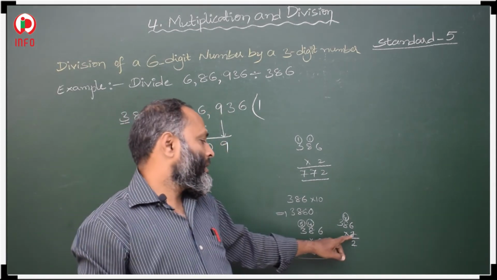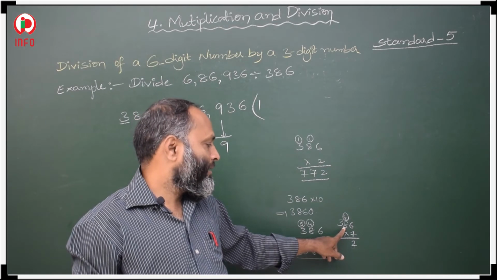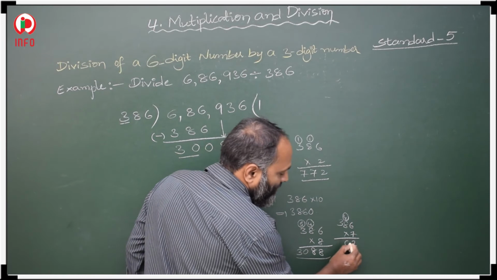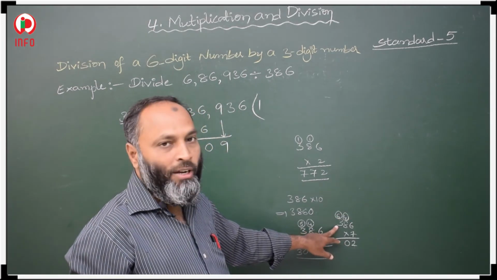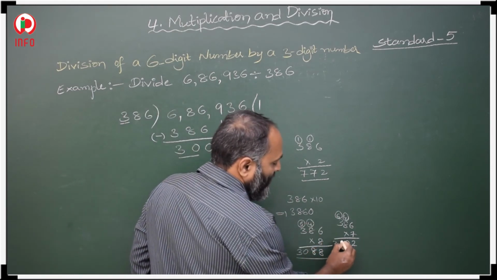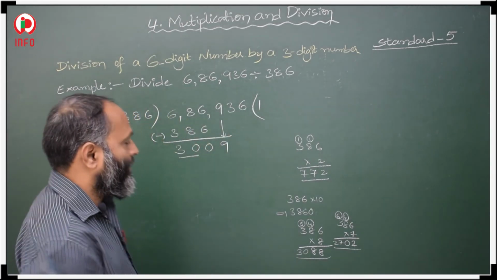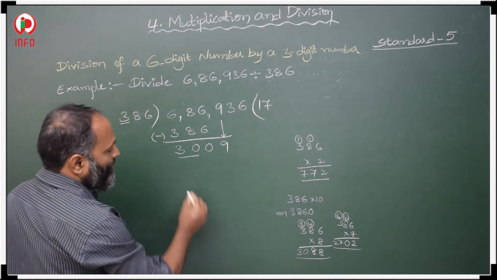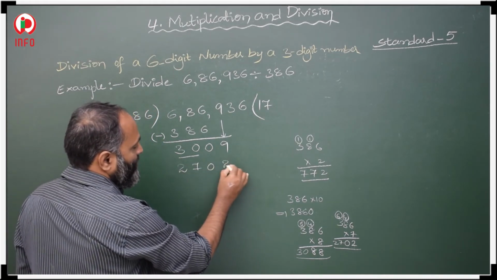Now 7 8s are 56, 56 plus 4 is 60, and 6. 7 3s are 21, 21 plus 6 is 27. 2702 means 386 7s are 2702.